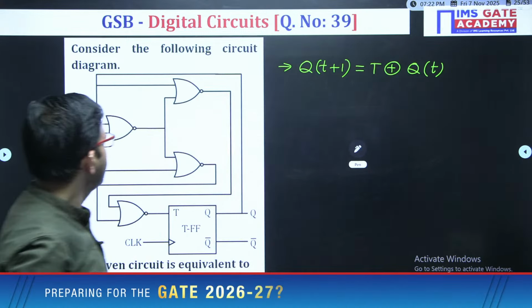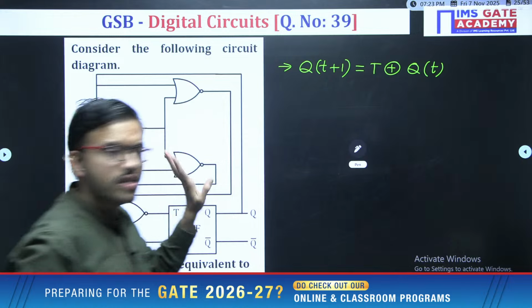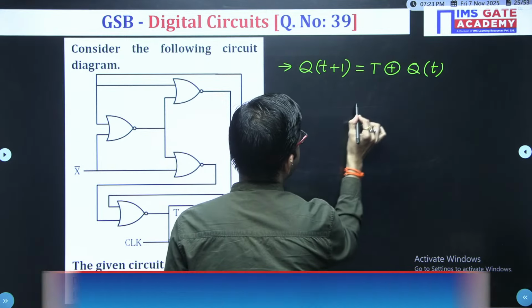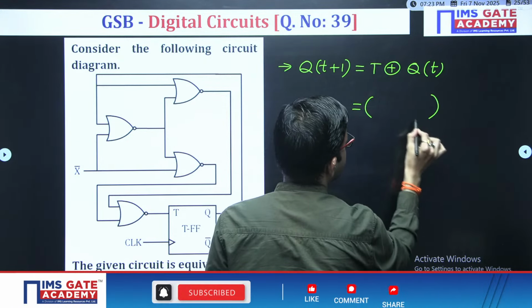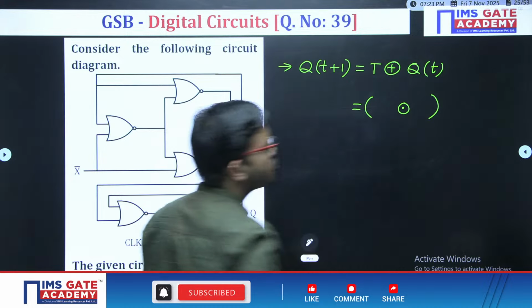Now, in this case, this whole configuration is nothing but an XNOR operation among 2 inputs. What are the 2 inputs?